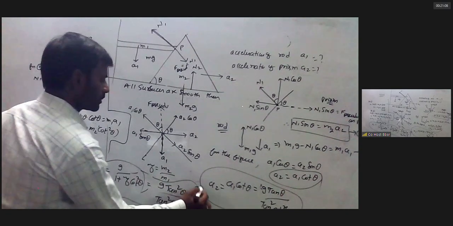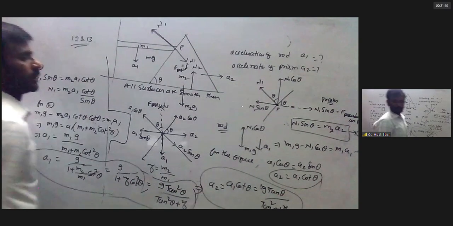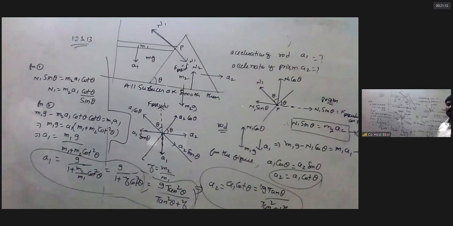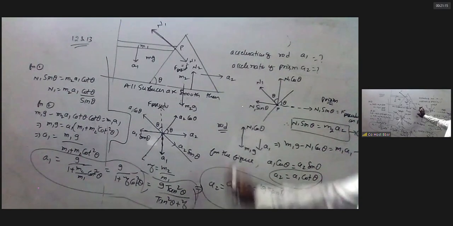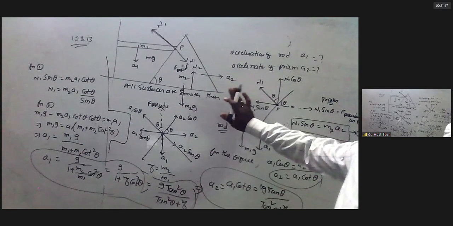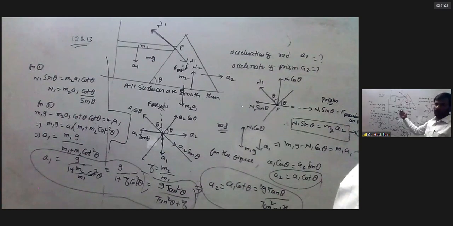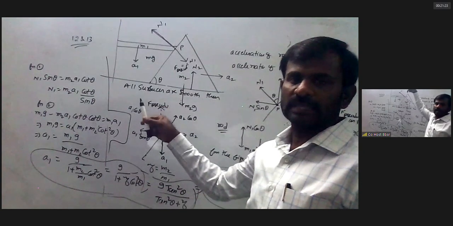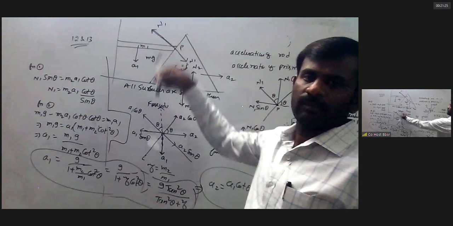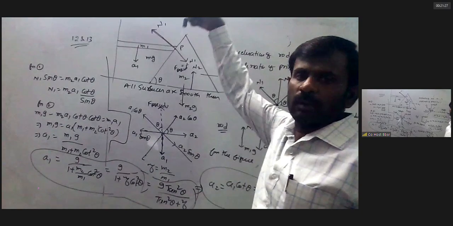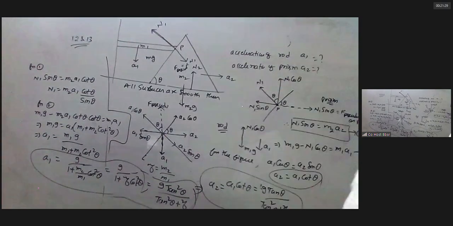So multiple options, only the components are the issue. We should take care about the direction, because when A1 tends to pull down, then the force should act in the upward direction. Only the components.